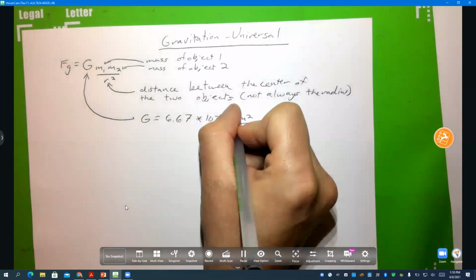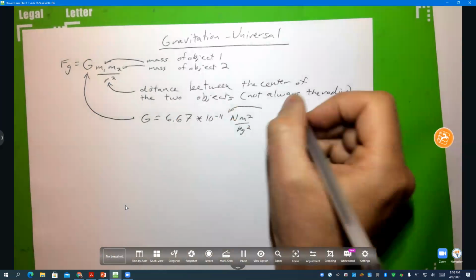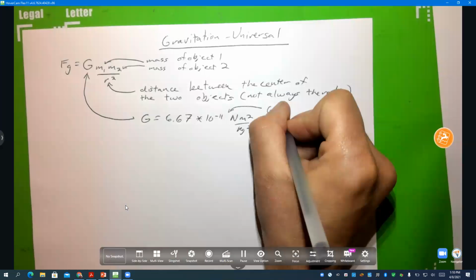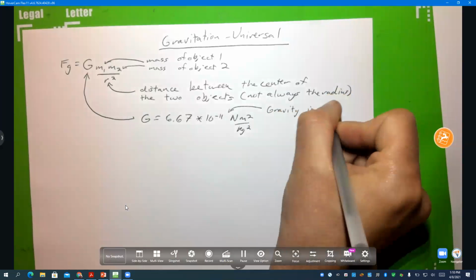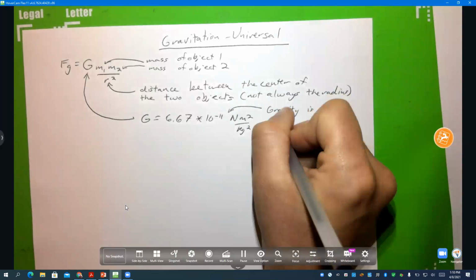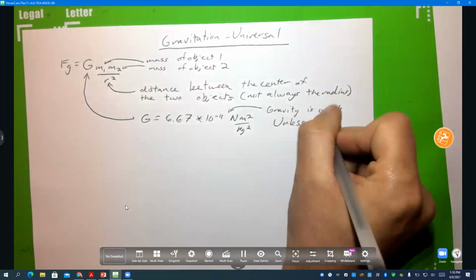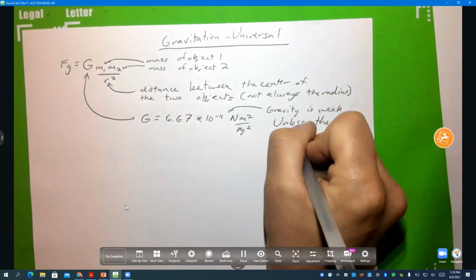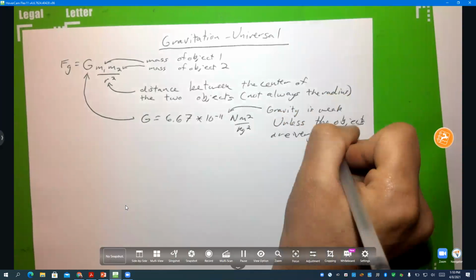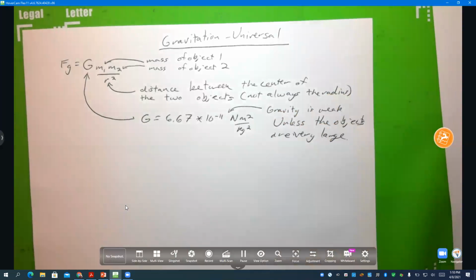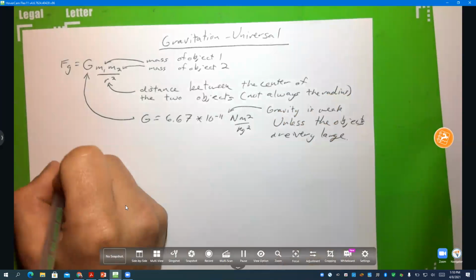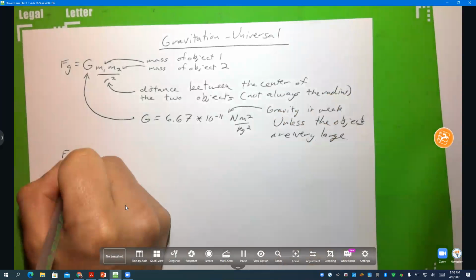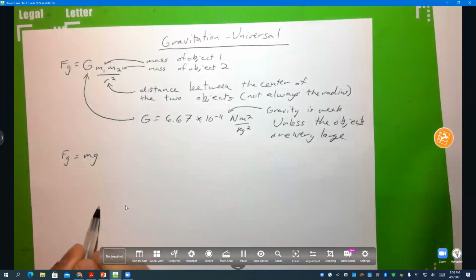Note, this times 10 to the negative 11 means that gravity is weak unless the objects are very large. That's why we feel gravity from Earth, because Earth is really, really big. Very, very, very massive.